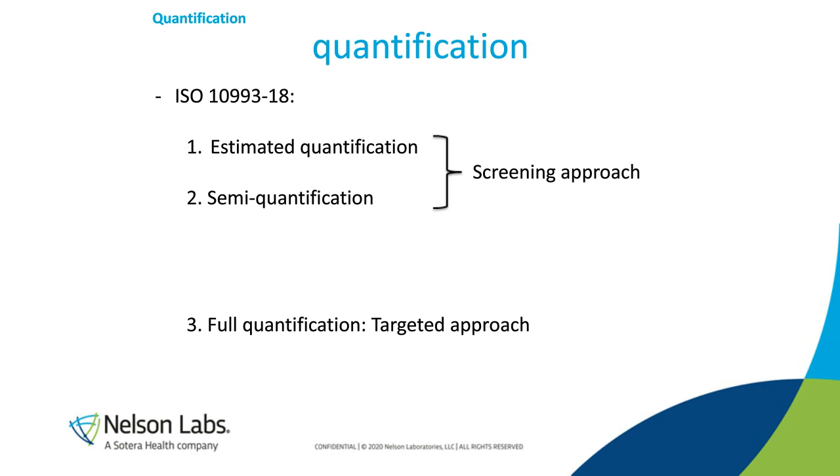So if you have a very small minnow to a large tuna, but then you also have maybe a trout or things in the middle, and you can kind of divide out unknown fish to most resemble those weights, that gives you a more accurate semi-quantification. So the way you do semi-quantification is important to remember. But your targeted approach will give you full quantification. So we'll know exactly how much is there because it's targeted.